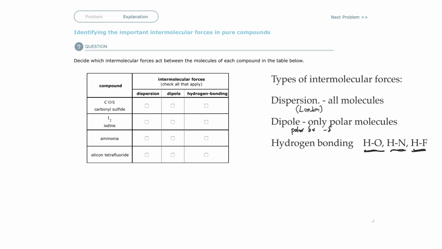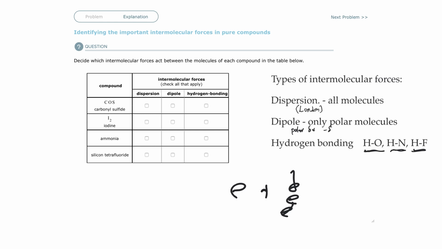So in this example, they're asking us to look at four compounds and tell what intermolecular forces apply. Well, the easy one is that all of them have London forces. Every one of them has dispersion forces. Every molecule has some slight attraction to another molecule. And I'll explain that better later, but really what's happening is, let's say you have an electron around some kind of a nucleus, and they're all flying around randomly. At any split second, you may have more electrons on one side than the other.